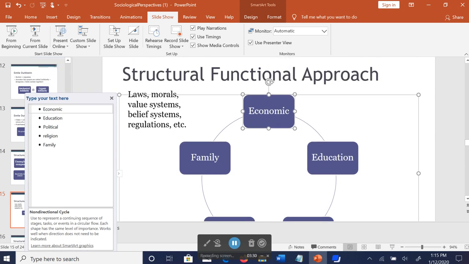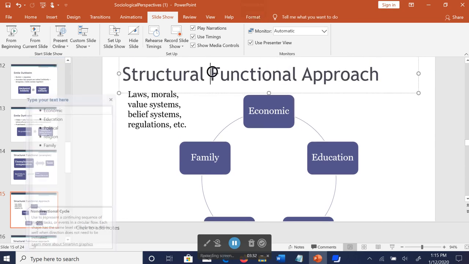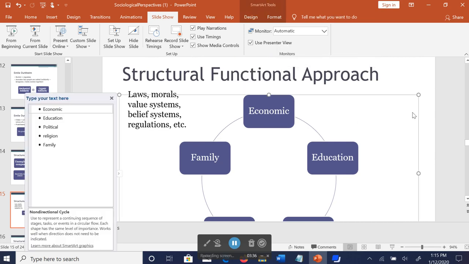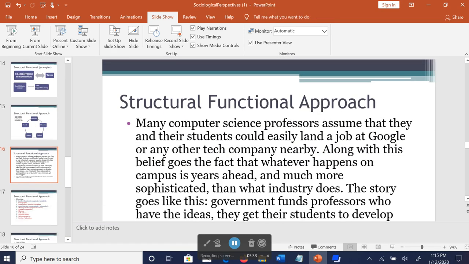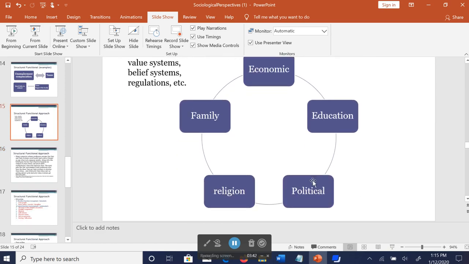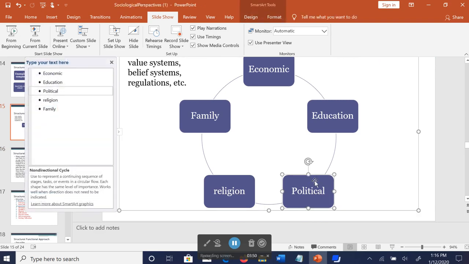Remember, the structural functional approach originates from this word, function. And then we have the political or the government system, yet they play a different function in our society. They have different roles and responsibilities in any given society.